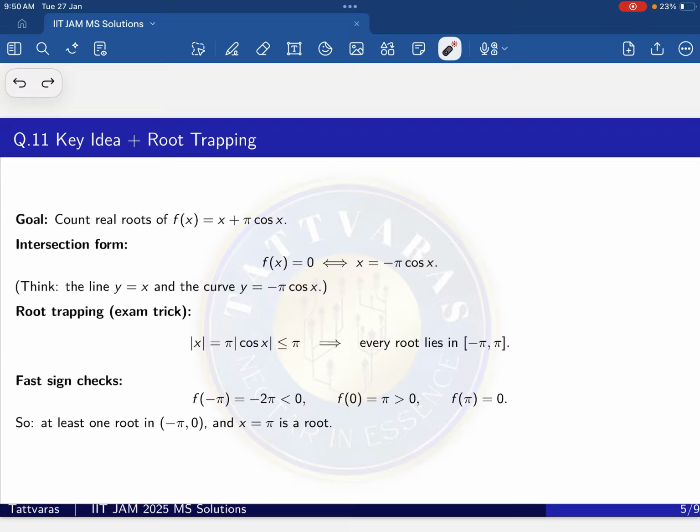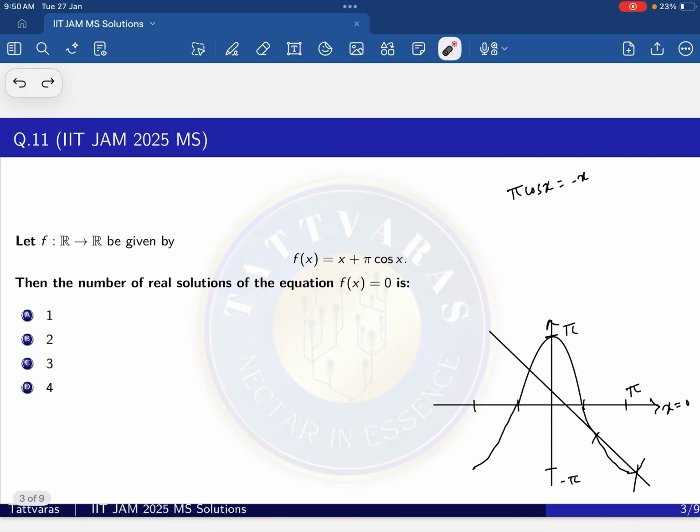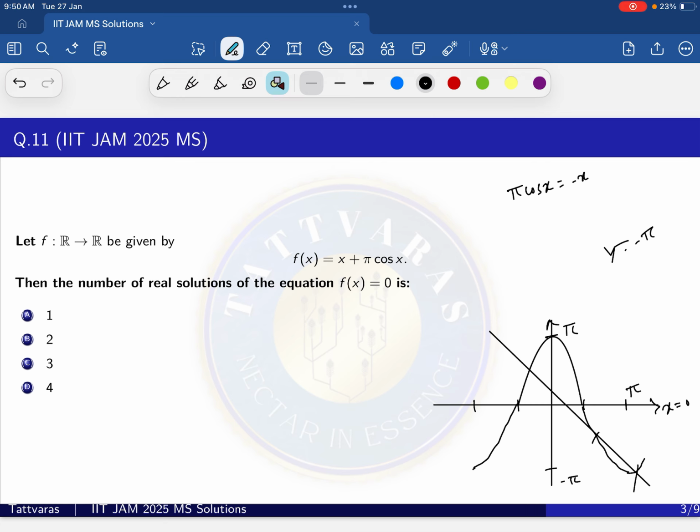Now you have to specifically find the exact number of solutions. From the graph you can already think that since there is a solution at pi, at x = pi, y = -x takes the value y = -pi, sorry for that, and pi cos x is equal to -pi.